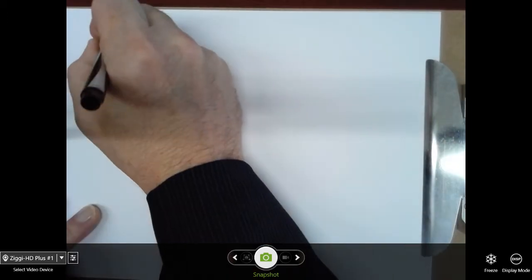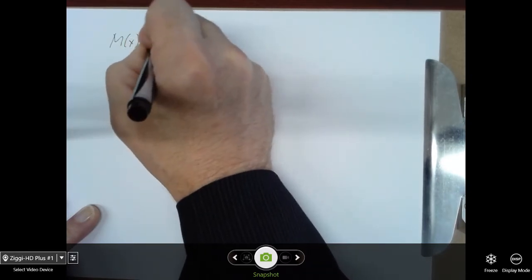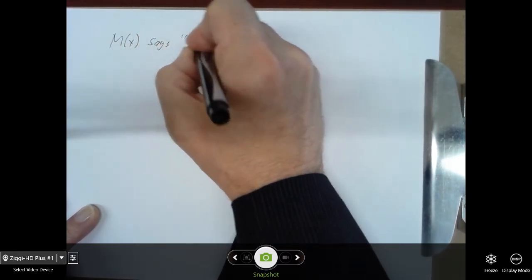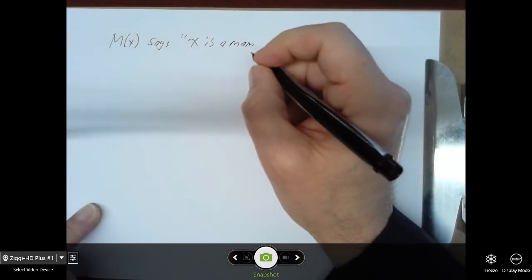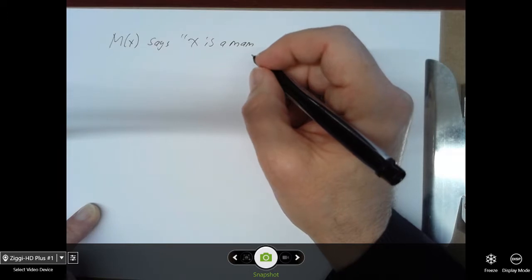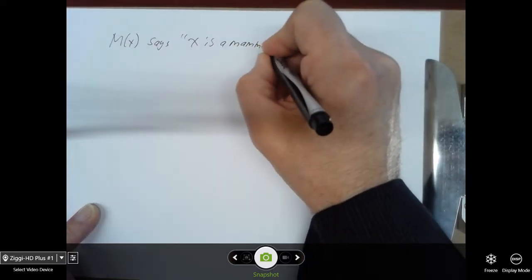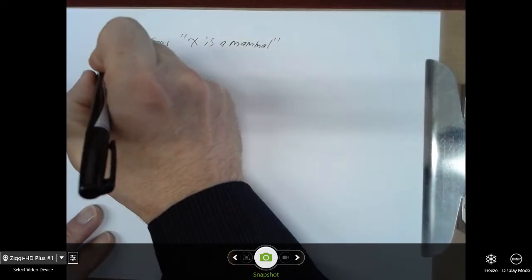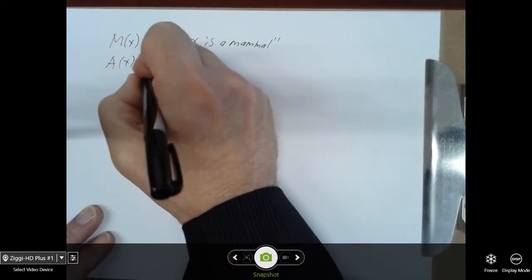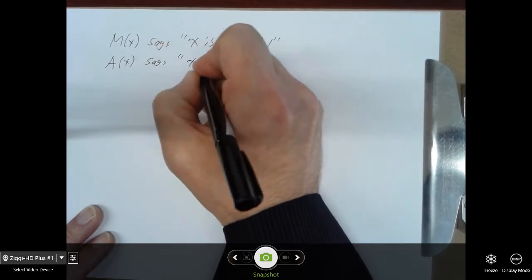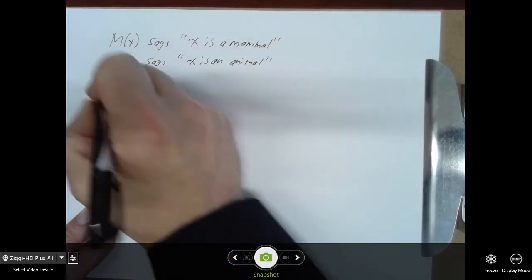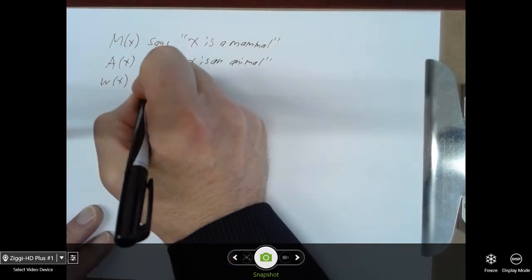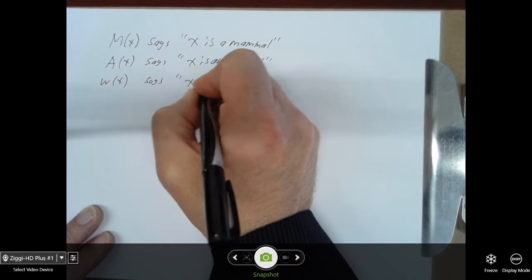So M of X says X is a mammal, which I think has two Ms. A of X says X is an animal, and W of X says X is warm-blooded.